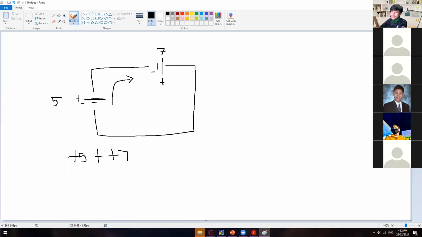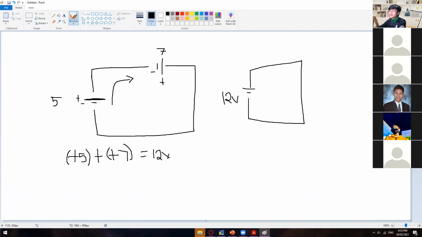Here the polarity of this one is negative and then positive, so it will go out on the positive, and the same with this one. That is why I have this positive signage. So plus 5 and plus 7 will give you 12 volts. You can simply combine them into one voltage source.